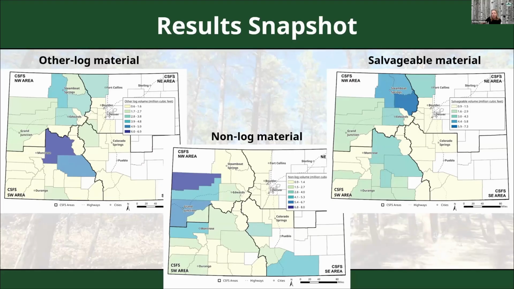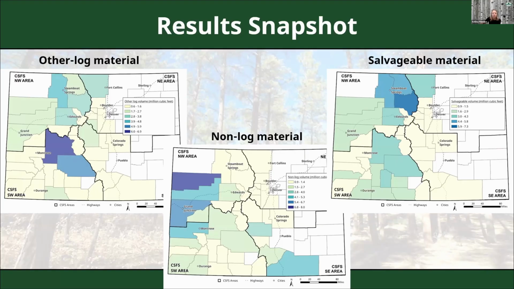And then western counties near the border for non-log material, those counties are mostly dominated by woodland species, so we see that start to come out. And then for salvageable material, in the northern counties, we see high amounts of that material that really reflects the impacts of mostly mountain pine beetle and other insect and disease outbreaks.